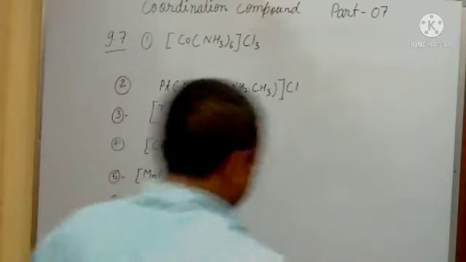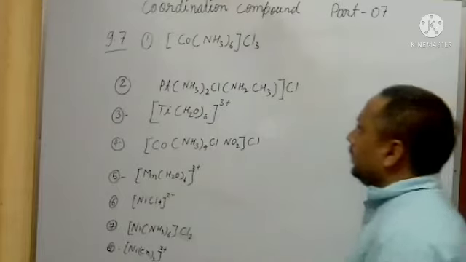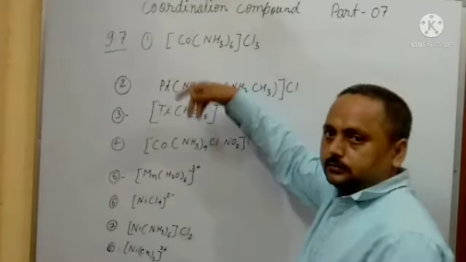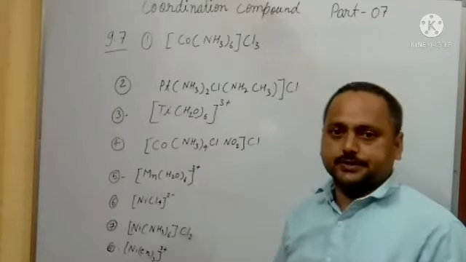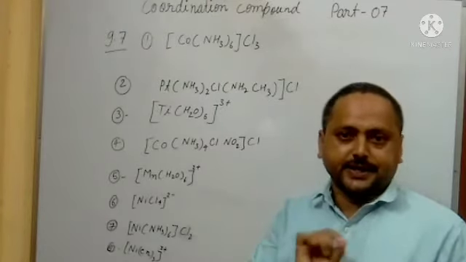So the first compound is this. Let us write the name. How many ligands are there? There are 6 ligands.